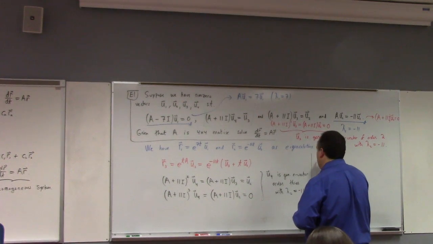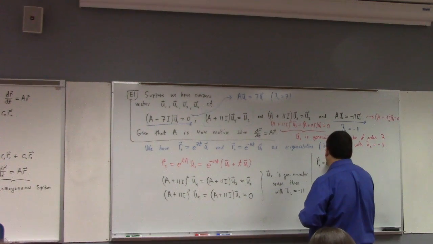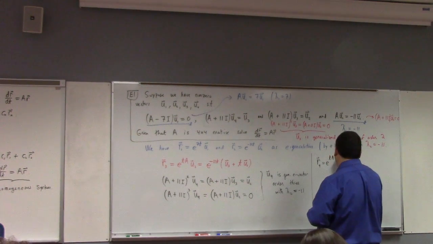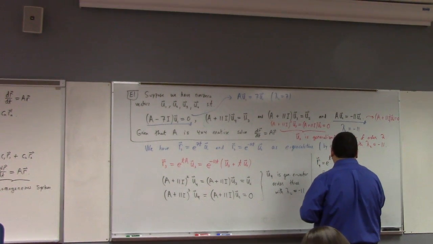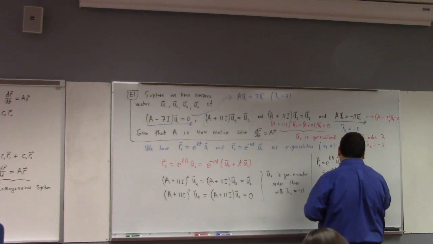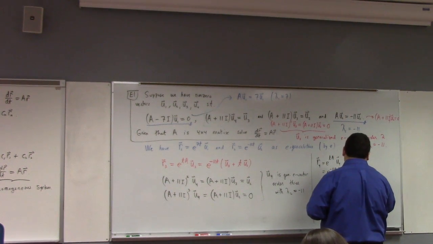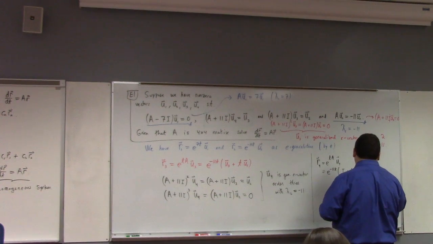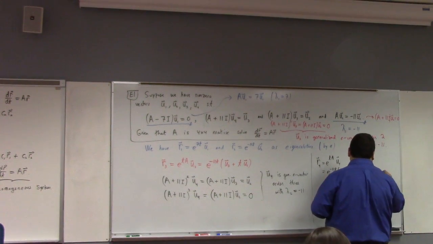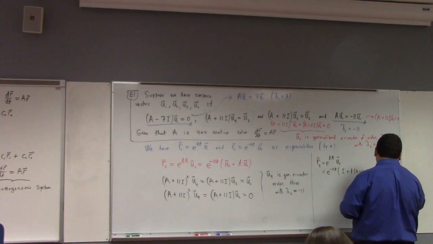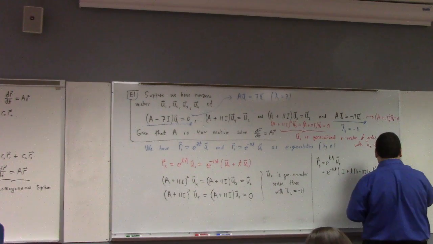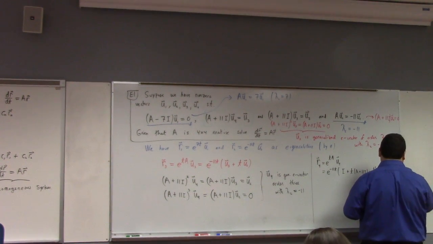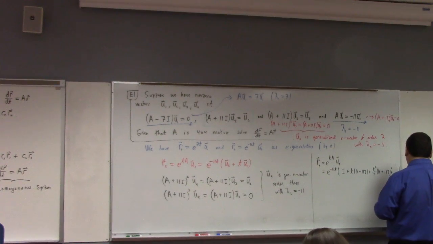We have R4 equals e to the tA times u4, which we can rewrite as e to the minus 11t times (I plus t times (A plus 11I) plus t squared over 2 (A plus 11I) squared plus ...) all times u4.